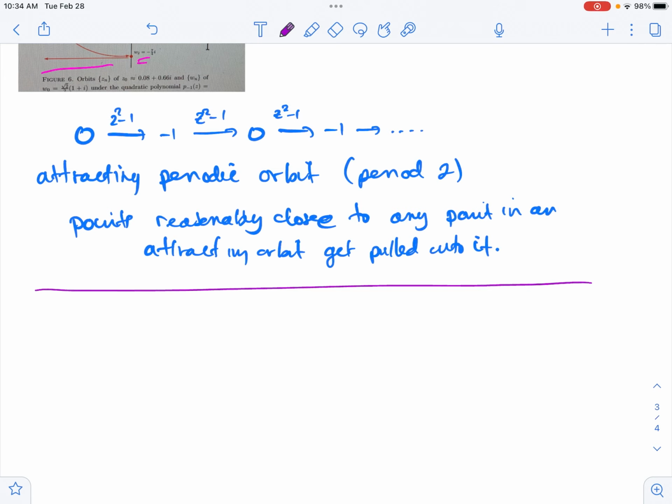So let's think about the map P_c of z, which is z squared plus c, with c equal to positive 1/2. Now the question becomes, if I write down z squared plus 1/2, does anything converge?